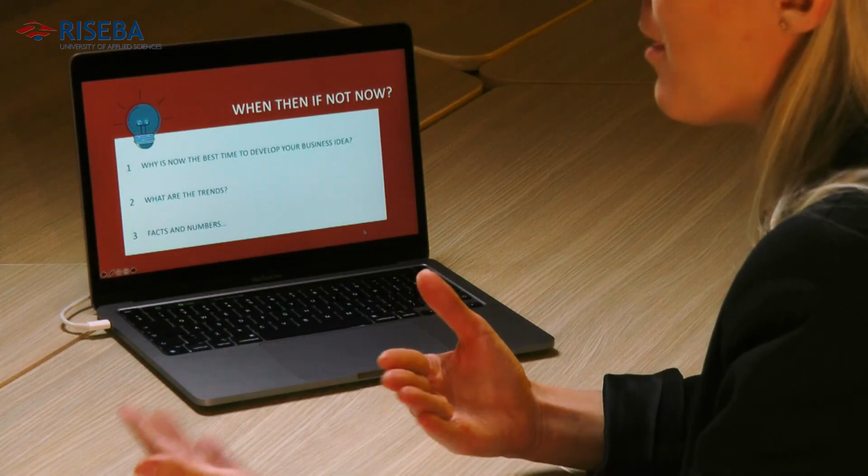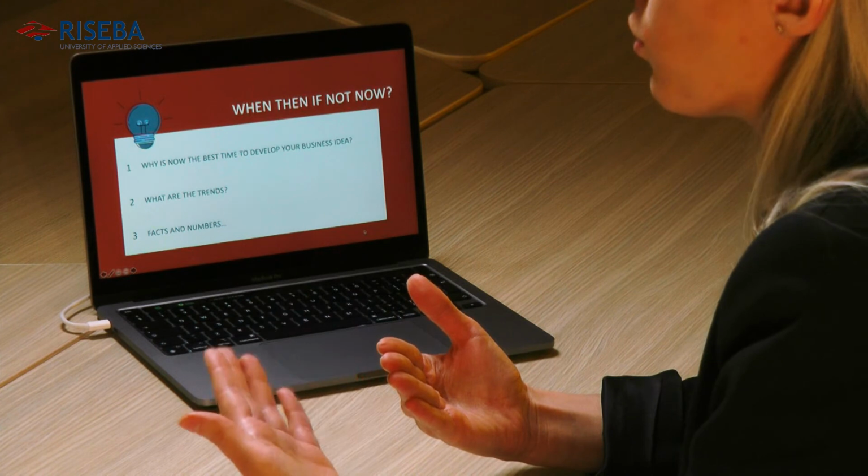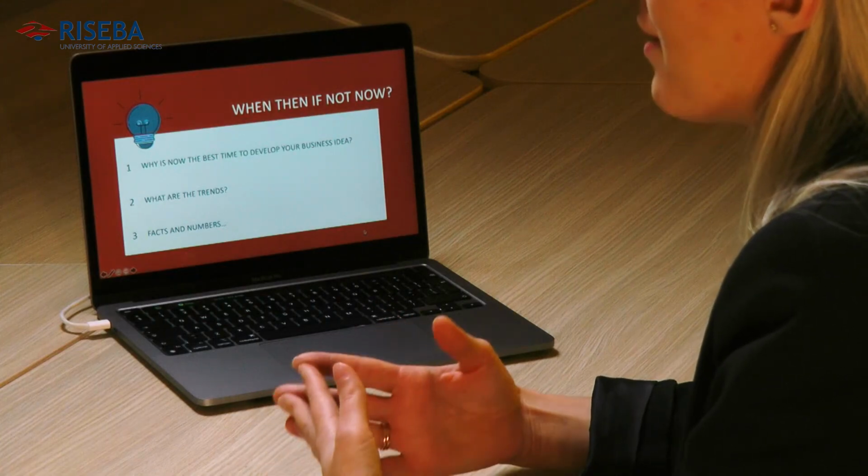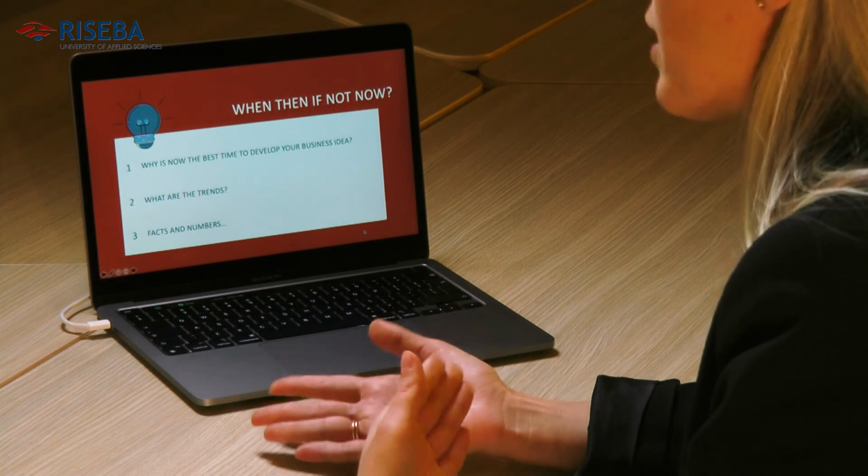In this case, you can use, for example, Google Trends, where you can find how many times the product or the trend which you are trying to develop is searched in Google. This will be proof that this is the right time to start this business idea. This is very important for investors.